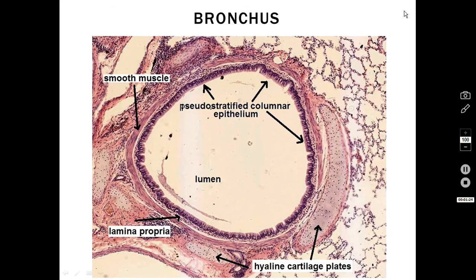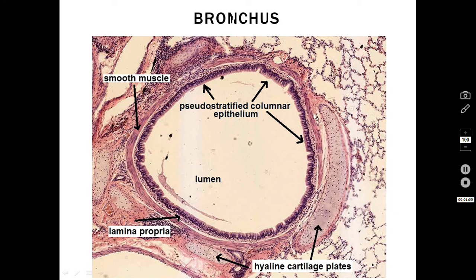So if we look at our bronchi, or bronchus in singular format, in more detail, we've got our lumen, that's inside, that's where the air is. We have the pseudostratified ciliated columnar epithelium in the mucosa with a little bit of lamina propria connective tissue underneath that. And then we get our little band of smooth muscle.